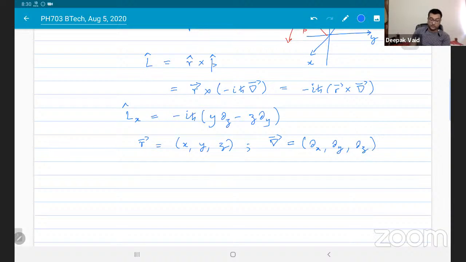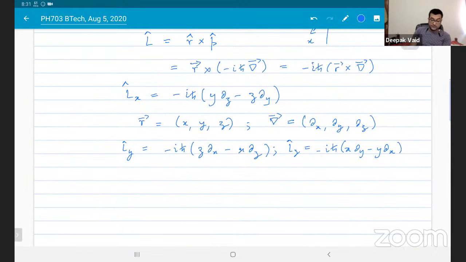So I'm just taking the cross product of these two vectors. Is this fine? Any issues? Please ask me if you are not familiar with something. Similarly, I will have Ly, in the same way, i h bar, z dx minus x dz. Lz is equal to minus i h bar, x dy minus y dx.